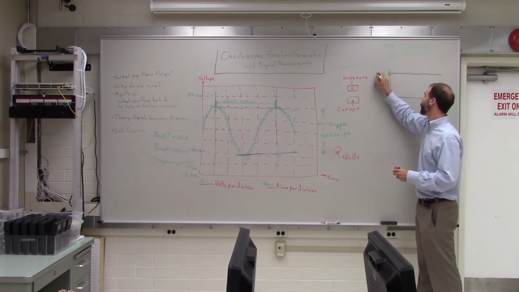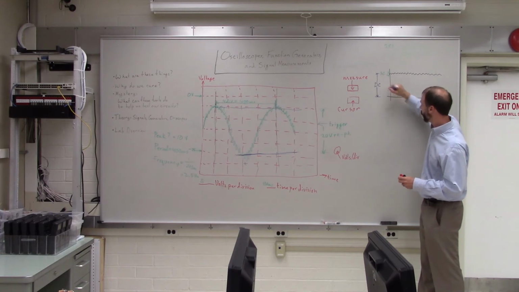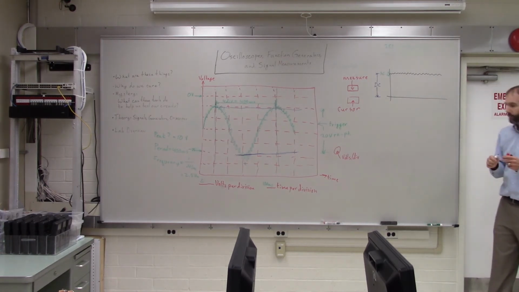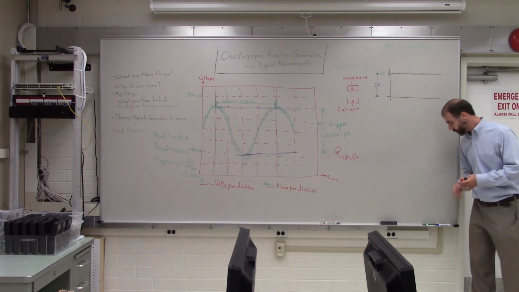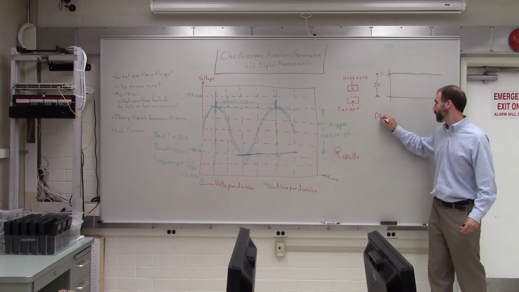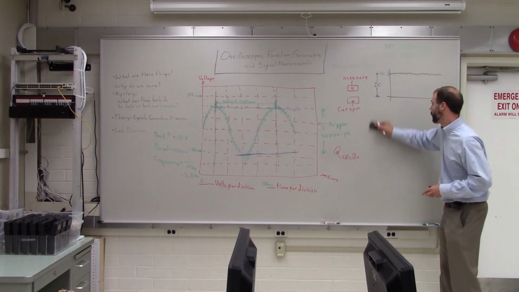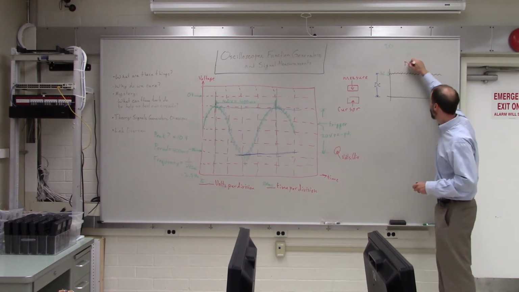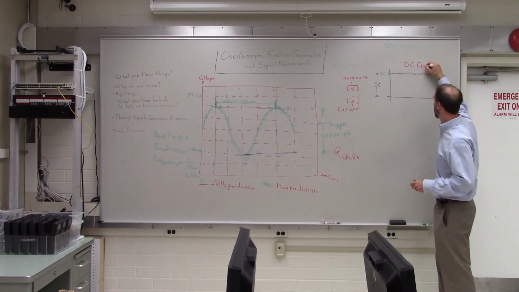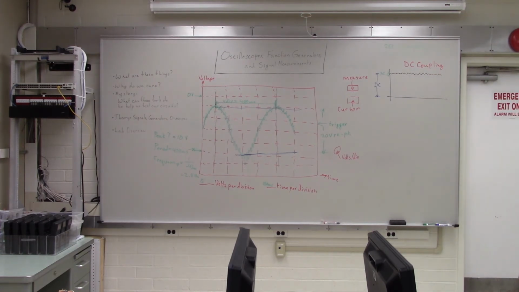From the middle there to the 0, that's the DC part of the signal. So DC coupling shows you the signal exactly the way it is in real life.